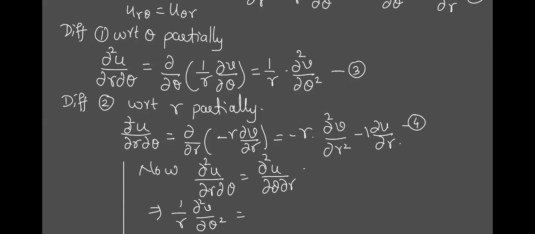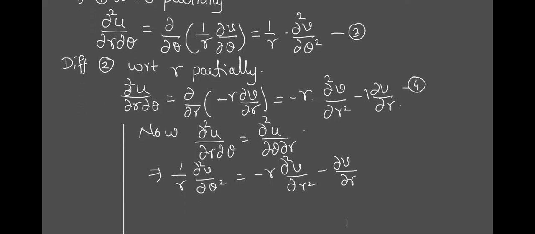Two terms. Minus r ∂²v/∂r² minus ∂v/∂r, isn't it? We just substituted, that's all.